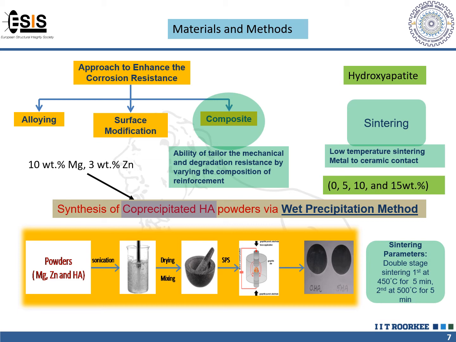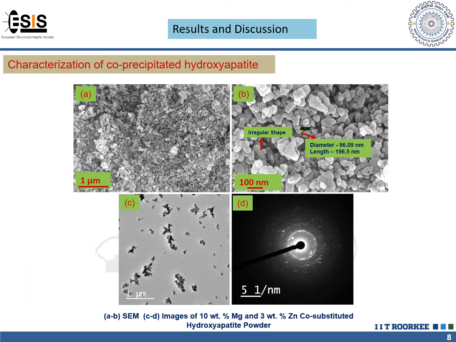Here is the digital image of the 0 HA and 5 HA compositions. The synthesized coprecipitated hydroxyapatite was characterized using tools such as scanning electron microscopy and transmission electron microscopy. Figures A and B show the scanning electron microscopy images of the powders.